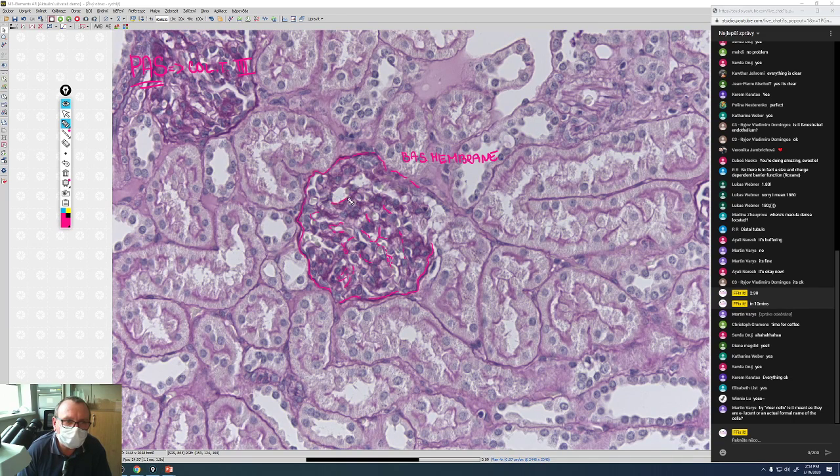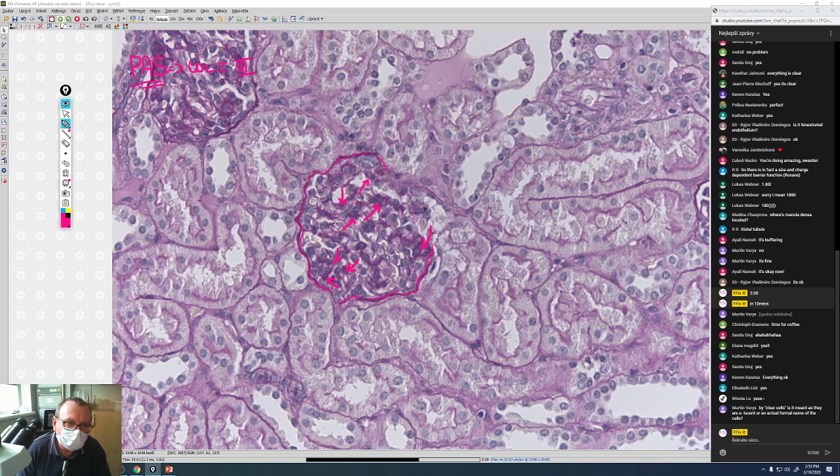So some PAS positivity is here, and dark spots or purple spots in the renal corpuscle are places of mesangial matrix. Mesangial matrix produced by mesangial cells is rich in collagen type 3 and other molecules which can be PAS positive.